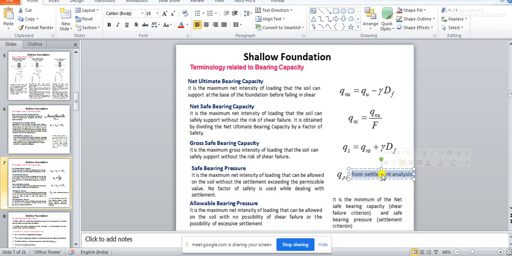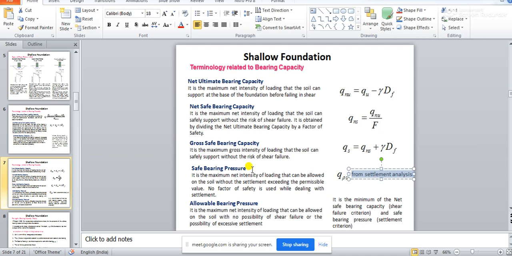Okay. Now you see, for what value will we design our foundation? Our foundation should not fail because of shear as well as it should not fail because of settlement.